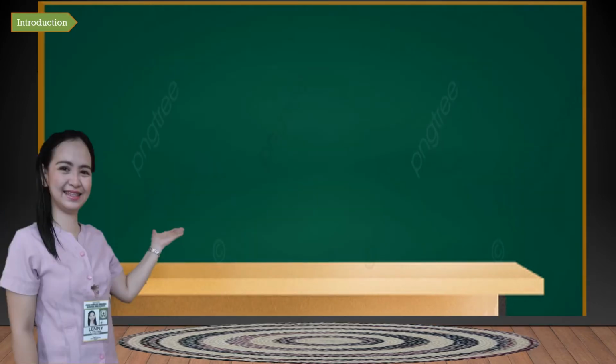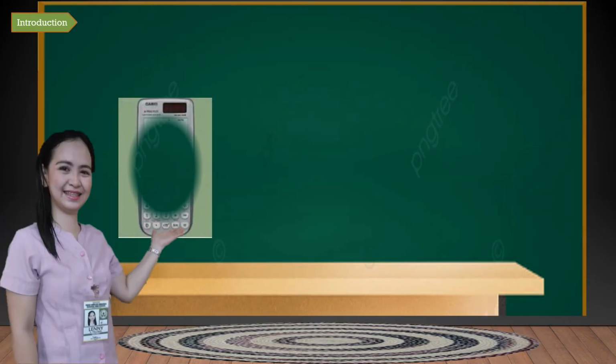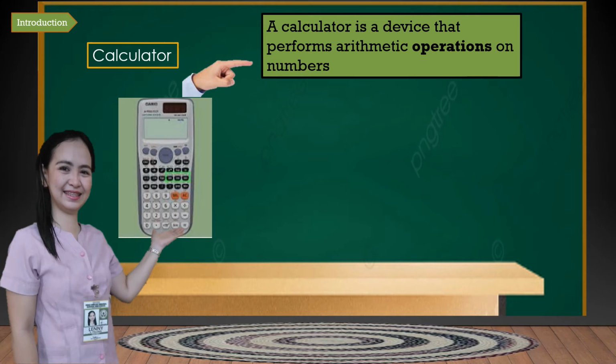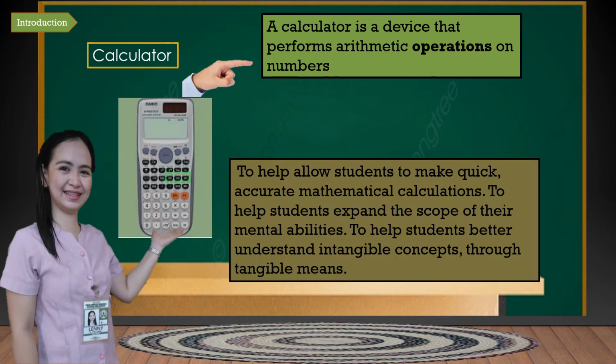How about the third picture? You are correct again. It is a calculator. A calculator is a device that performs arithmetic operations on numbers. Okay, in what subject do we learn the four basic operations? In mathematics.